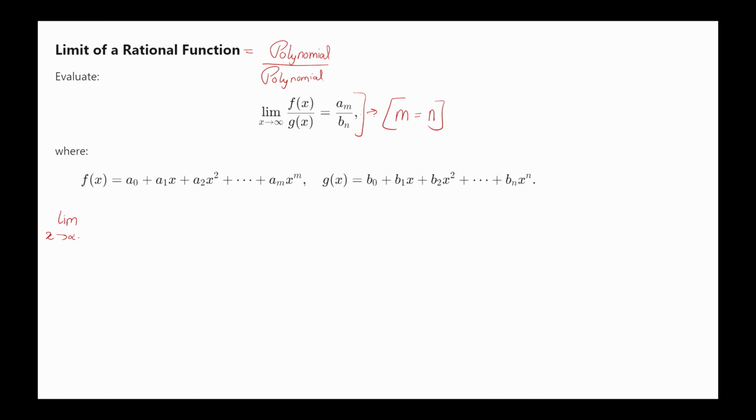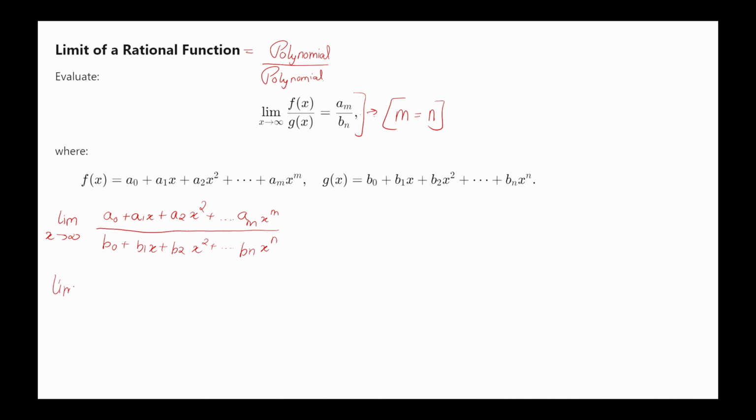I'm having limit x tending to infinity, a naught plus a1x plus a2x square plus up till am x to the power m, divided by b naught plus b1x plus b2x square up till bn x to the power n. Now I'll take x to the power m common from the numerator and x to the power n common from the denominator.